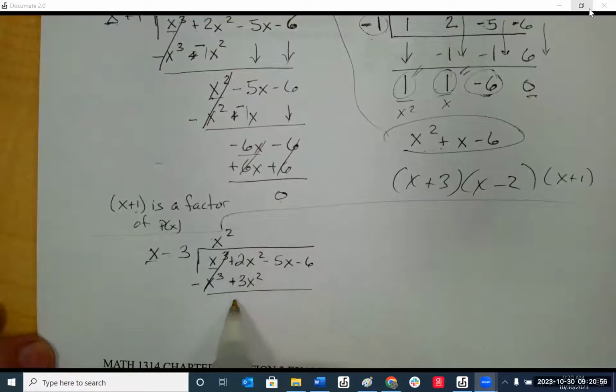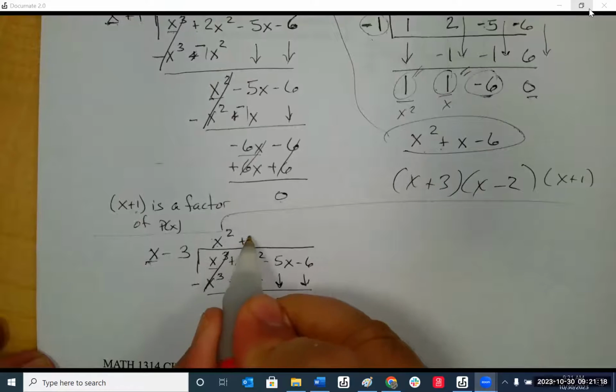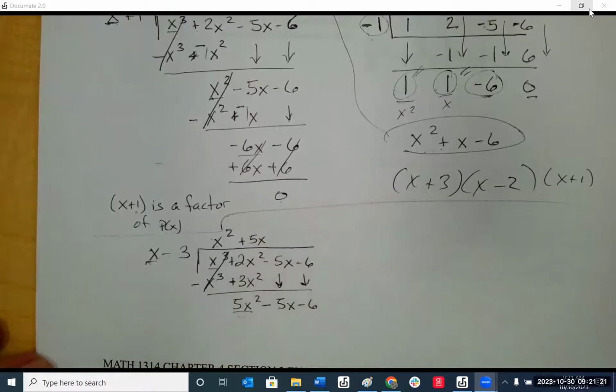So 3 plus 2 is 5x squared. Bring down everything else. What times x gives me 5x squared? Just 5. Positive 5x.